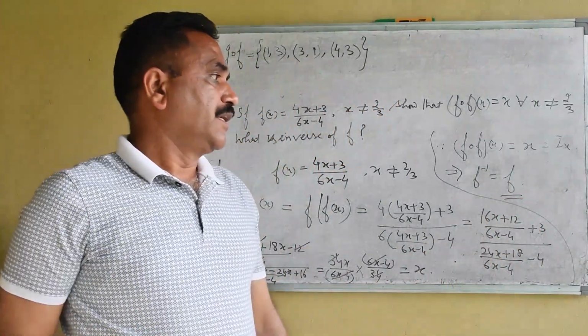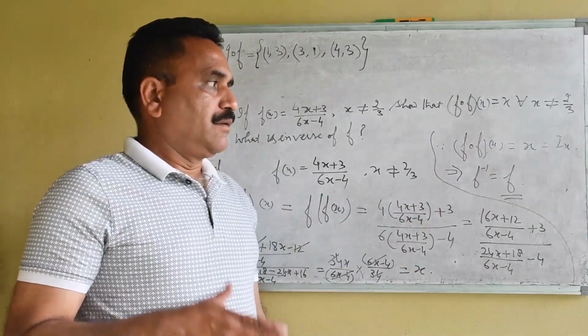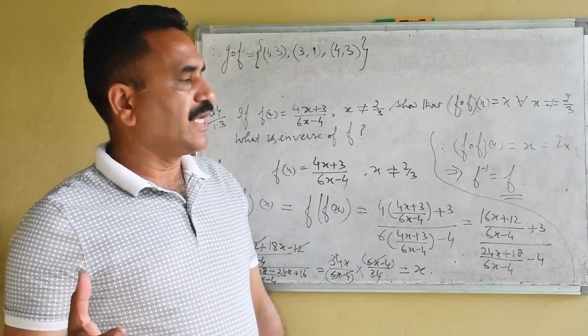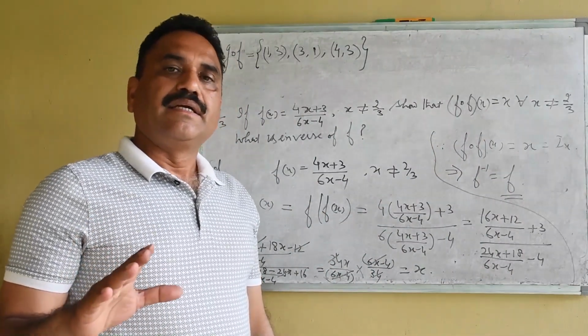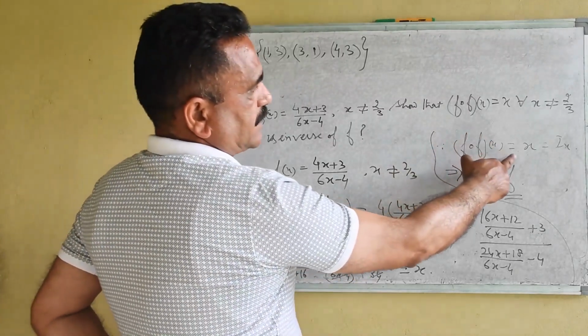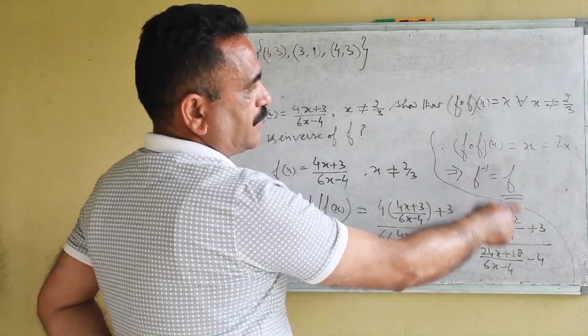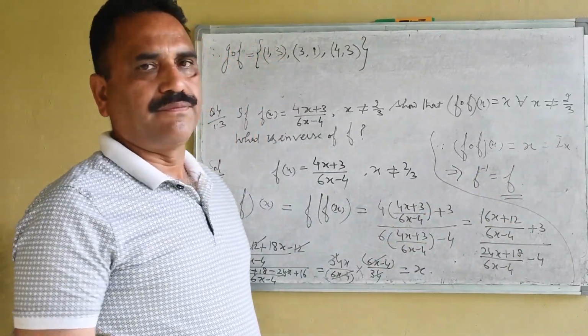If you multiply any function with another function and we are getting the identity element, then that is the existence of inverse. So f of f(x) is equal to x, and that is the identity function. That means f inverse is equal to f. Thank you.